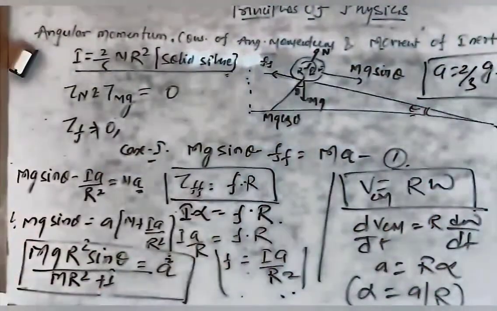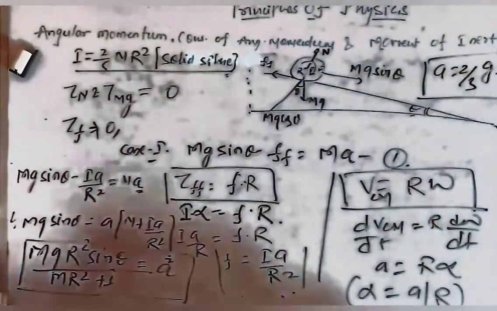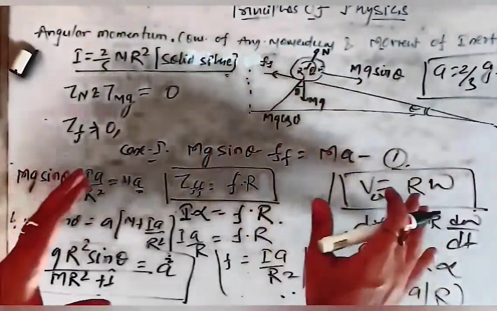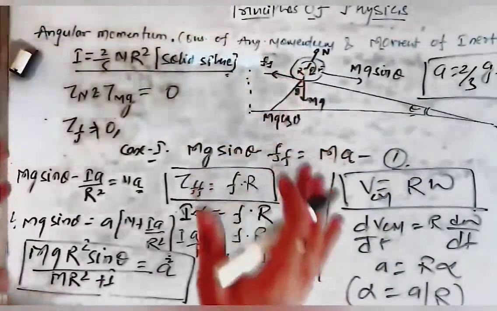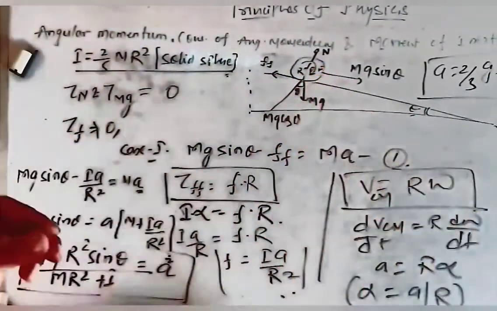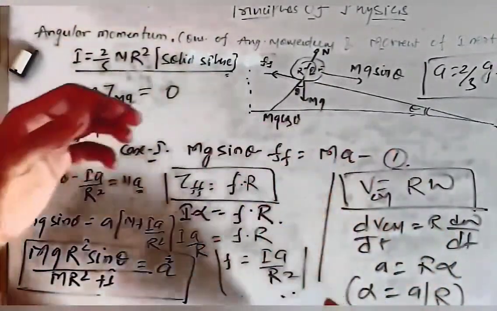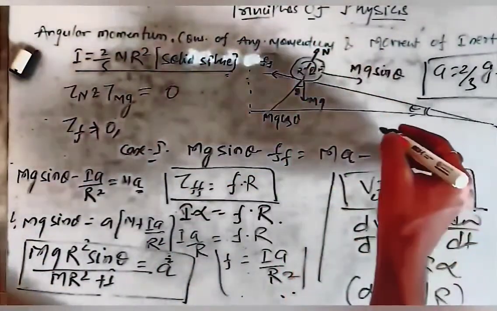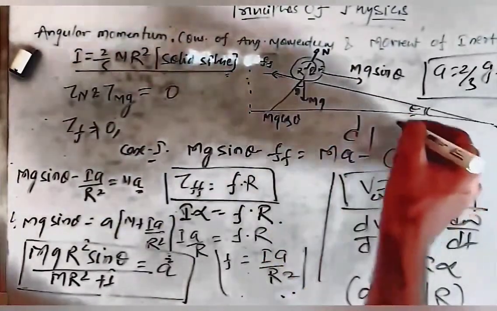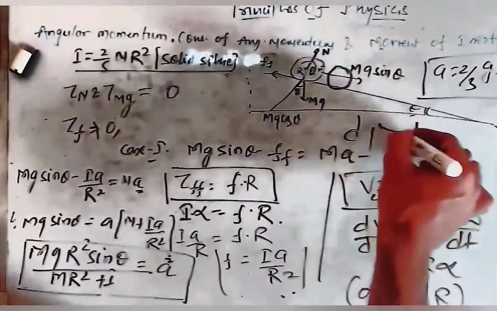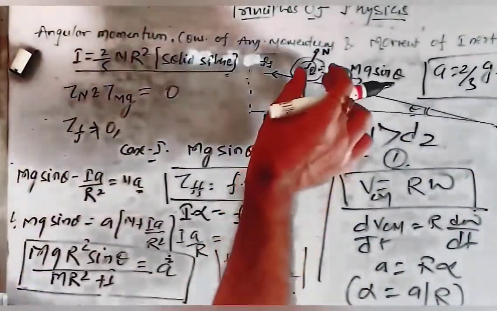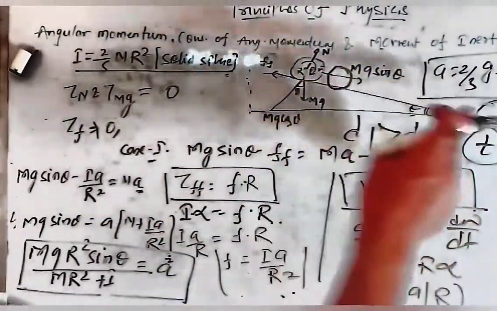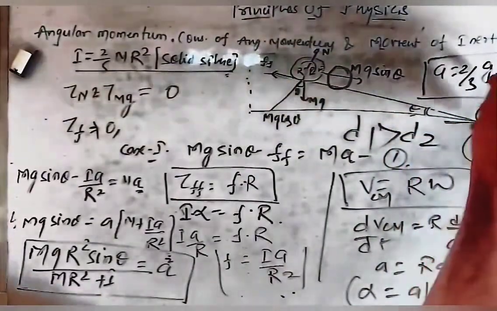Now here comes the very important discussion. What I am going to say is that the acceleration does not depend upon the radius or the mass of the sphere. So if I roll a solid sphere of, let's say, diameter d1, and again a solid sphere of diameter d2, which is smaller, we will see that both the spheres reach the bottom at the same time t, because the net acceleration acting in the downward direction depends upon g and sin theta.